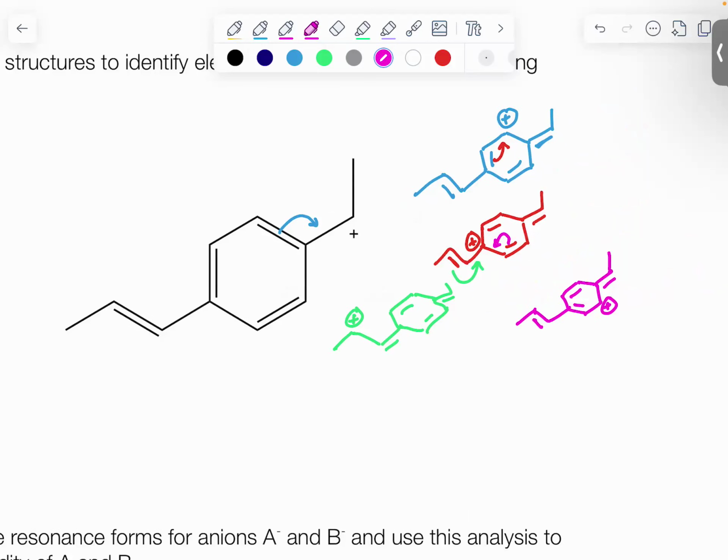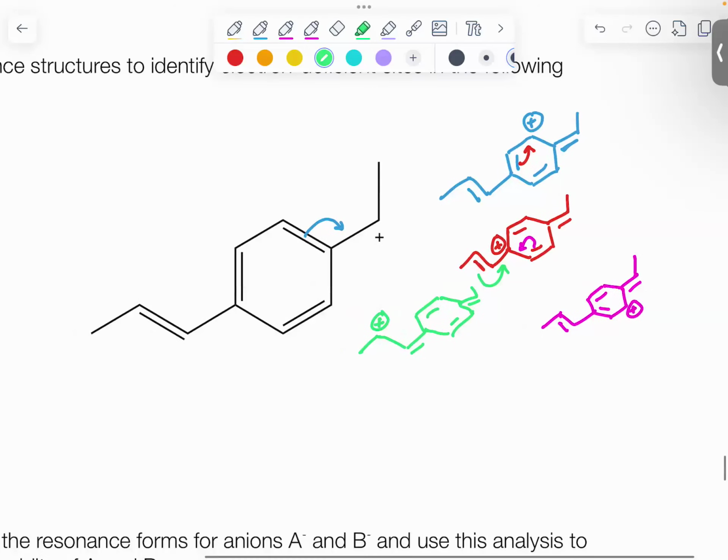These are our resonance structures. So now we can go in and identify all of the electron deficient places, which is where there were positive charges. So this was where our original was. Then we had this one. Then we had this one. And then we had this and this. So those are the electron deficient sites.